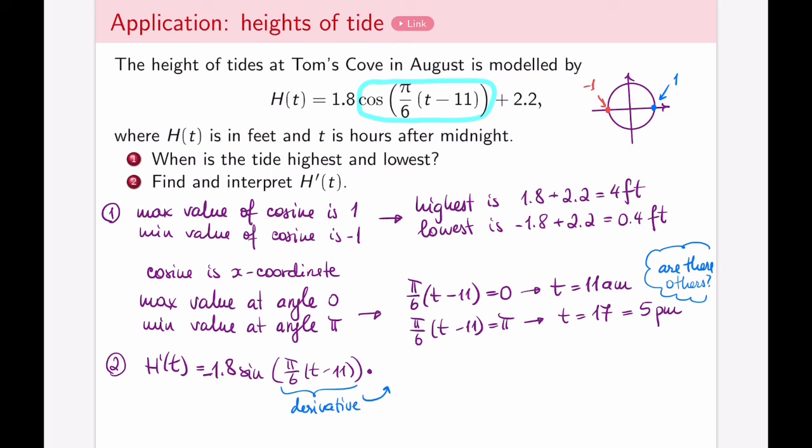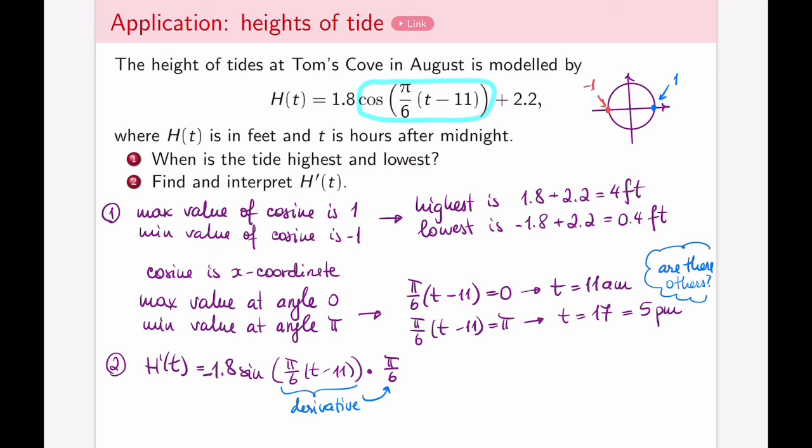This is also not too hard. Remember that t is our actual variable, so this number is a constant times the variable, and this 11 is actually just a constant. So overall, the derivative of the inside is going to be just pi over 6. What are the units and what is the meaning of this actual expression?